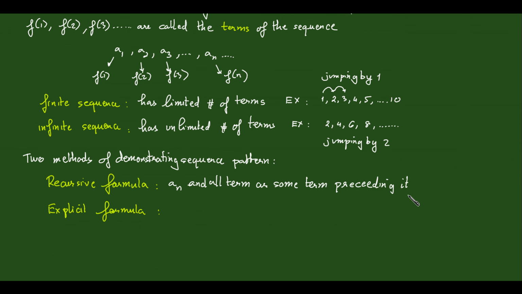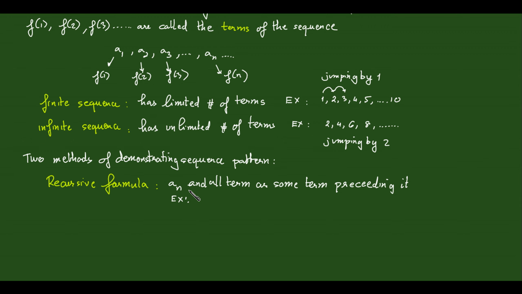And a typical example of a recursive formula is the formula to represent the Fibonacci sequence. Looks like I don't have enough space for this, so I'm going to erase this. Then let me talk about the example first. Example: Fibonacci.